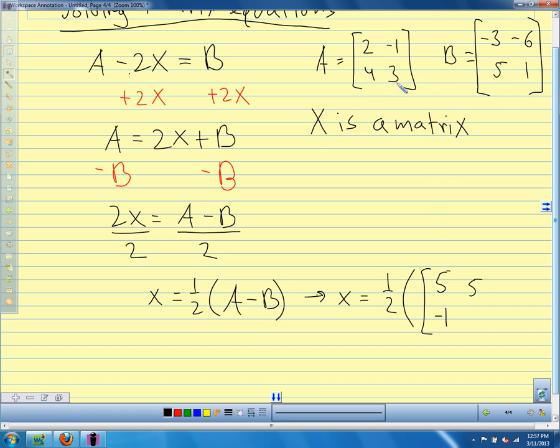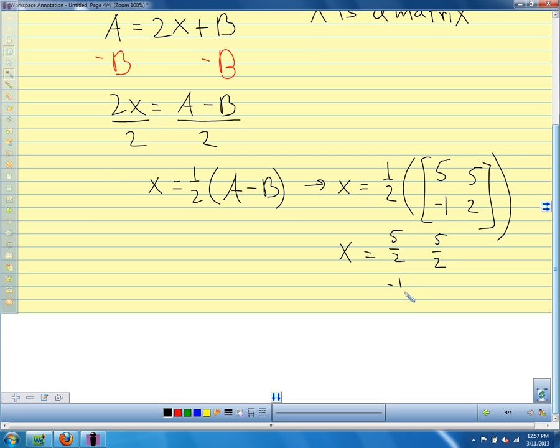And 3 minus 1 is 2. So my answer, x, would be, now I'm going to multiply each of these by 1/2. x would be the matrix 5 halves, 5 halves, minus 1/2 and 1.